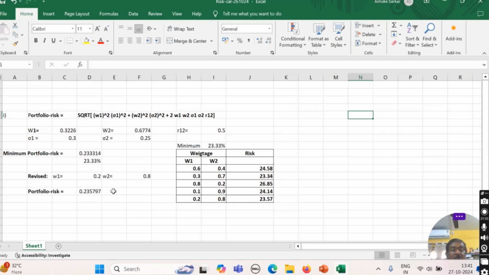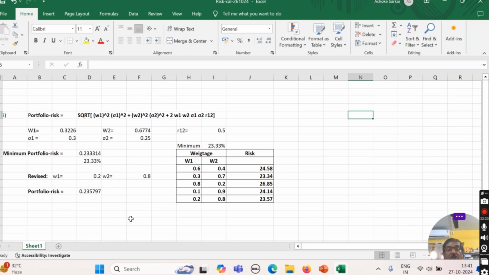But that formula for which the risk is minimum has come through a lengthy algebraic process by applying the calculus minimization technique. So you can find out the value of proportion for both the shares, as it is a two security portfolio, for which the risk will be minimum for any value of correlation.